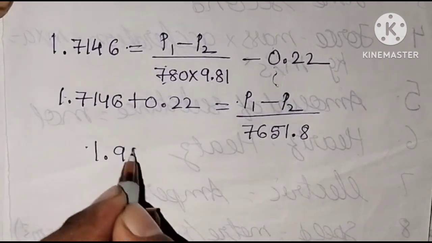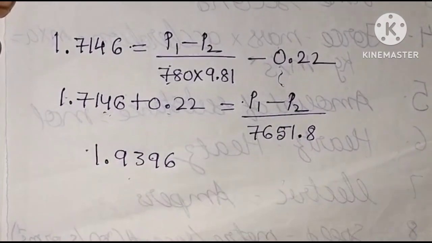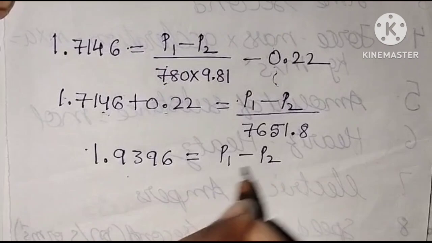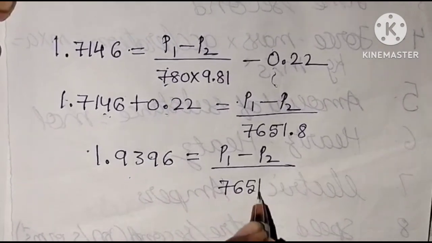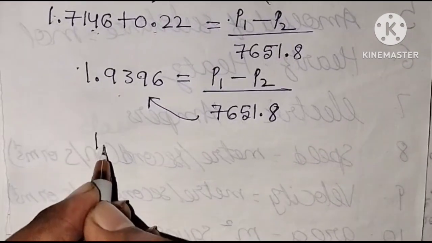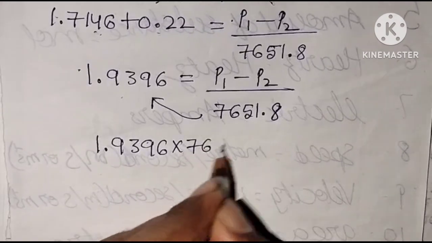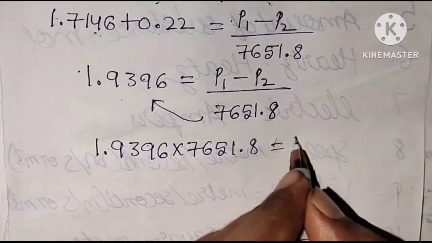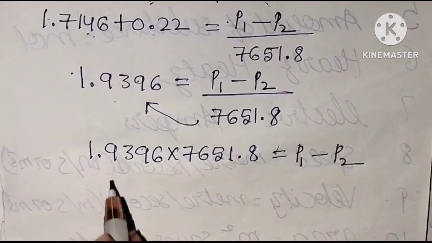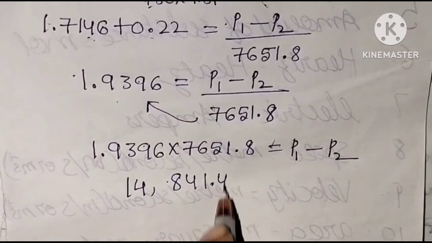So 1.9346, if you add these two, you will get 1.9346 is equal to P1 minus P2 by 7651.8. Now transpose this. Division becomes multiplication. 1.9346 into 7651.8 is equal to P1 minus P2. Just multiply these two, and you will get around 14841.43.